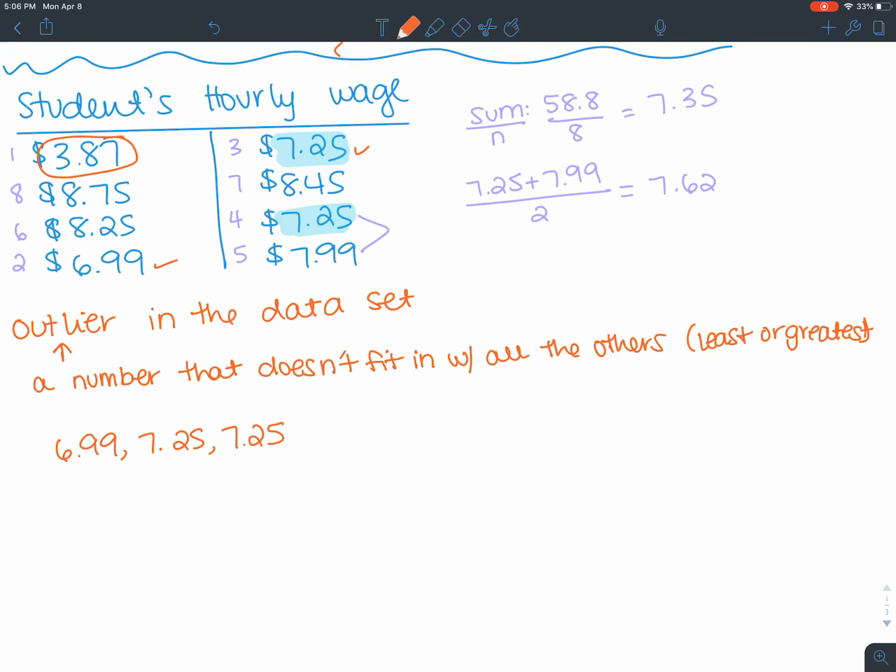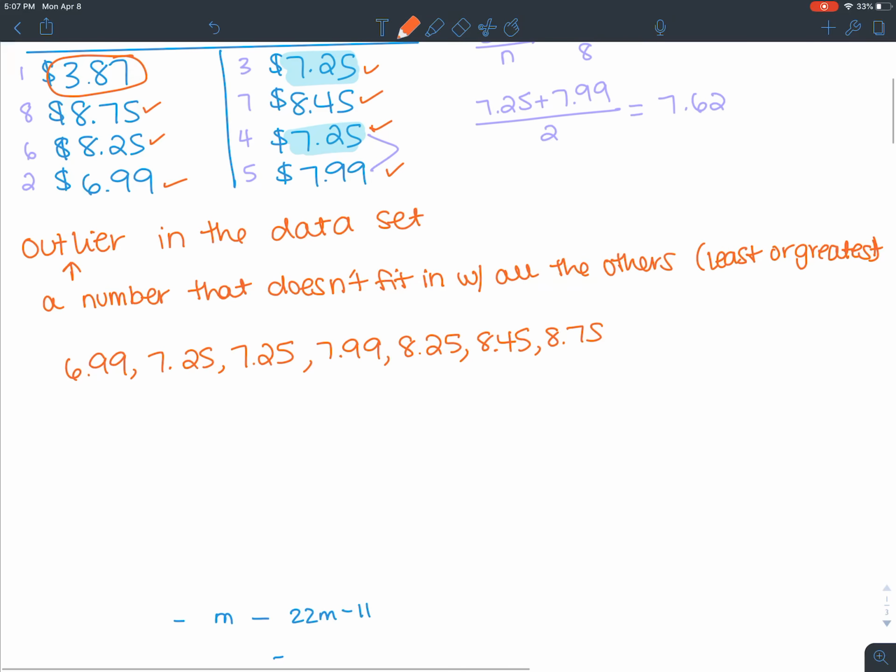We have two of them. And then the next one would be $7.99. And then $8.25, oops, sorry, $8.45 and then $8.75. So let's see how removing the outlier could affect this data.